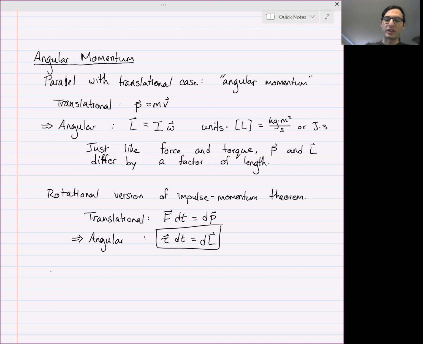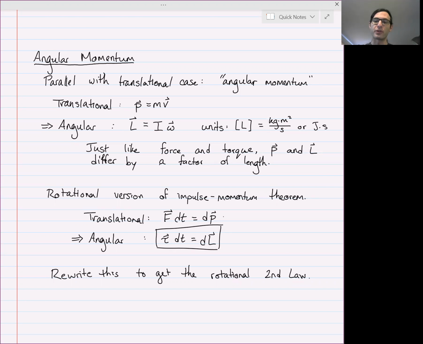So we can rewrite this just like we did for the translational impulse momentum theorem to get the rotational second law, or at least the momentum version of the rotational second law. Remember, when we were talking about translational momentum conservation, we had the impulse momentum theorem.